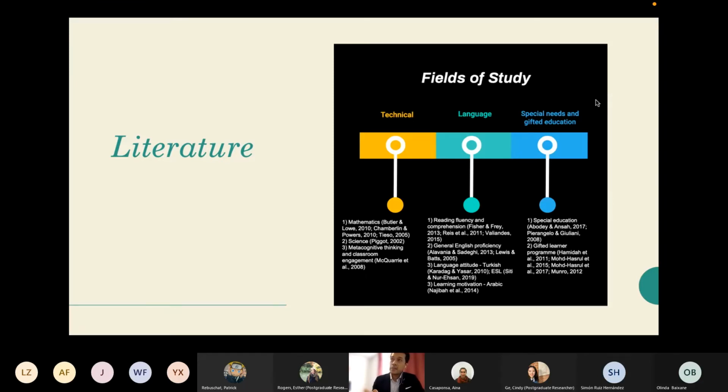So there is a need to study this area. And although classrooms in other parts of the world have provided evidence on the effectiveness of DI, language attitude and critical thinking are two variables that have not been explored extensively.